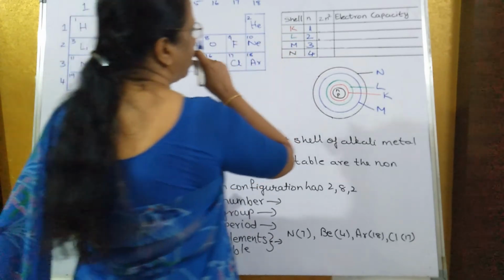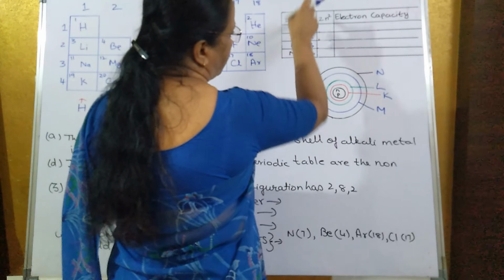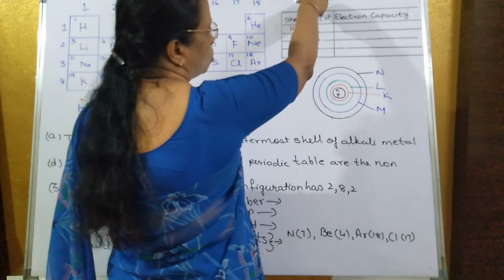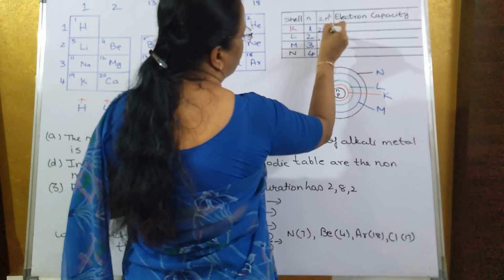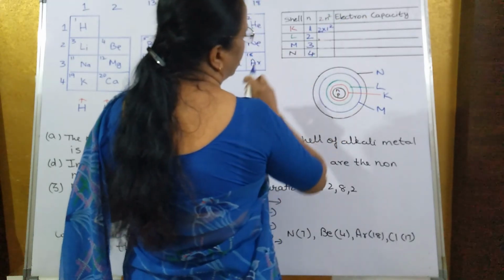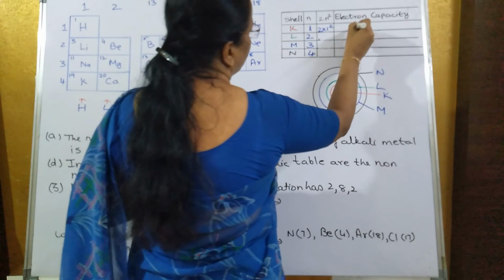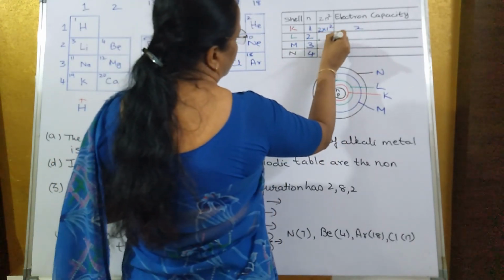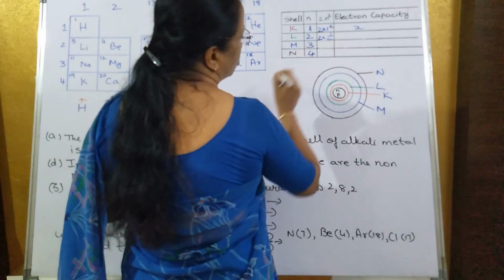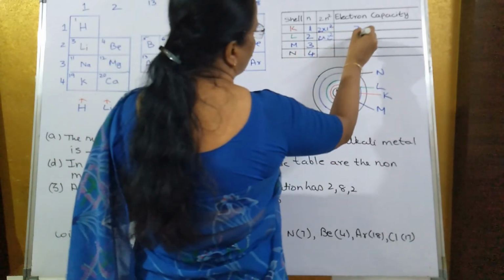fourth shell. The electron holding capacity depends upon this formula, 2n square. Over here n is 1, 1 square, and when you multiply by 2 you get 1 into 1, 1, 1 into 2 is 2 electrons. The second one, that is 2 square into 2. 2 square is 4. 4 into 2 is 8.